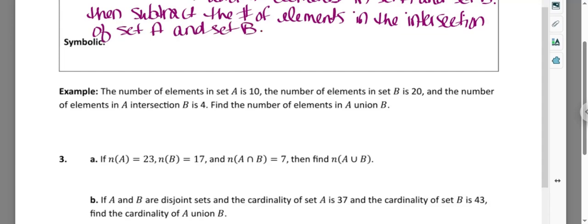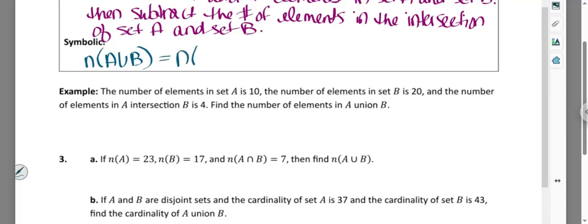All right, so the calculation looks like this. The cardinality of the union. So cardinality is just the number of items, elements in the set.